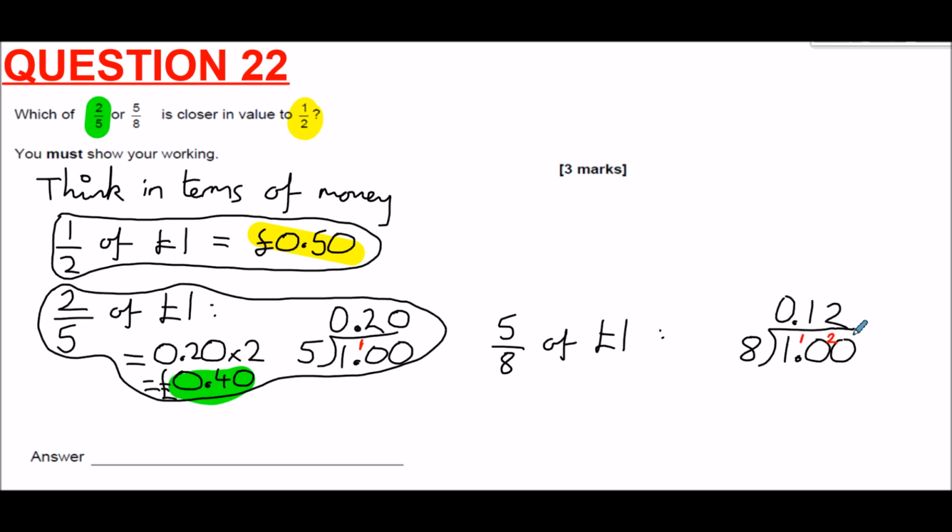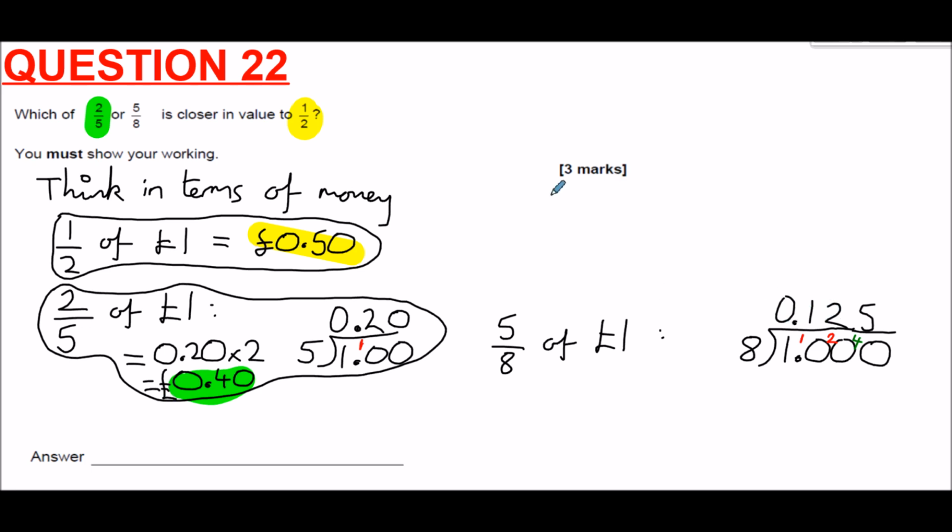Now we need some more space to put more remainders, so just add in as many zeros as you need. So I'll just put another 0 in. Then we can say remainder 4. And finally, how many 8s in 40? That's 5. And so 1/8 of a pound would be about 12.5 pence.